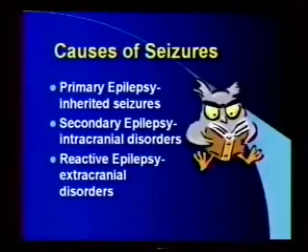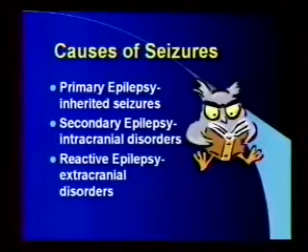There are definitely several different causes of epilepsy, seizures. There's primary epilepsy, which is a type of inherited seizures, and there is secondary epilepsy, which is due to some type of intracranial disorder going on, like a tumor or an encephalitis.